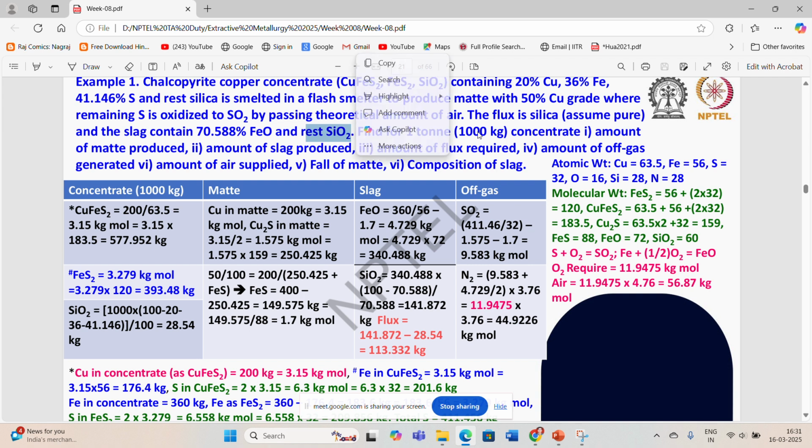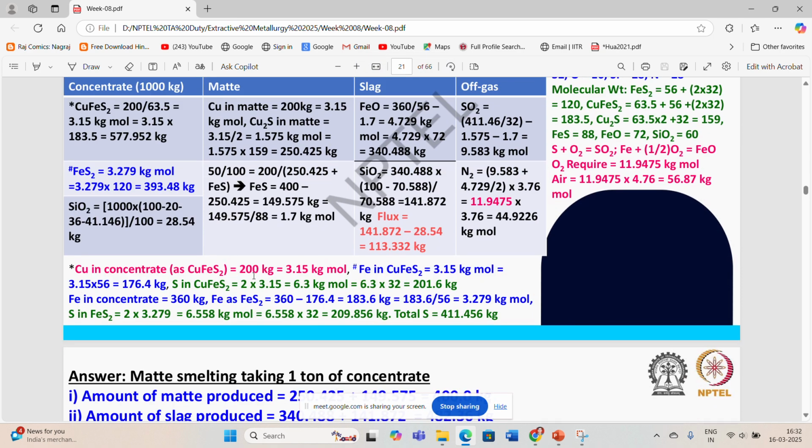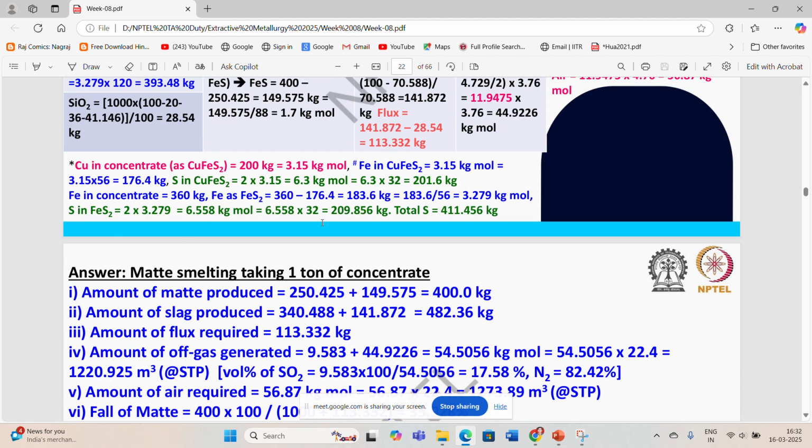So copper will not get reported into the slag phase. It is coming from the concentrate and 100% of the copper is going to report in the matte phase. So copper in concentrate as CuFeS2 we can calculate. Then Fe in concentrate we can calculate.